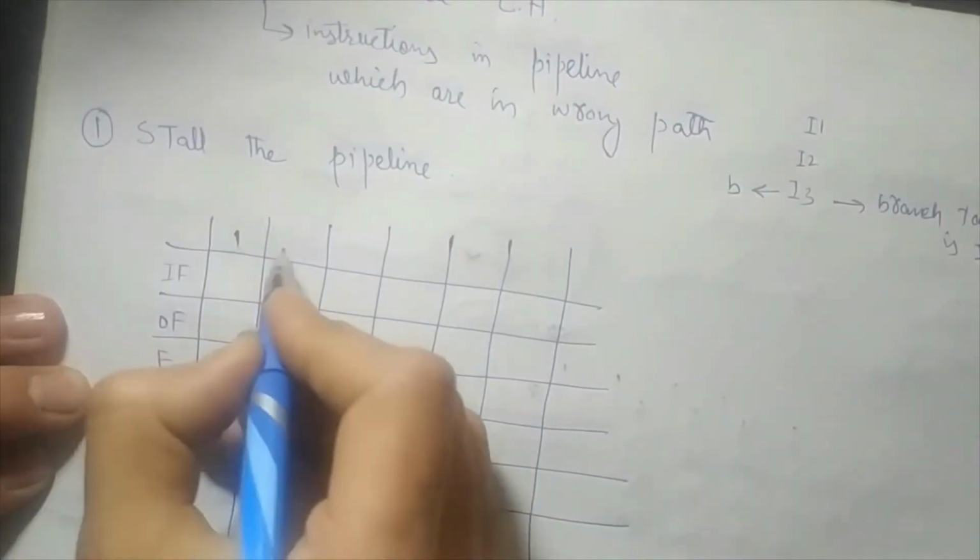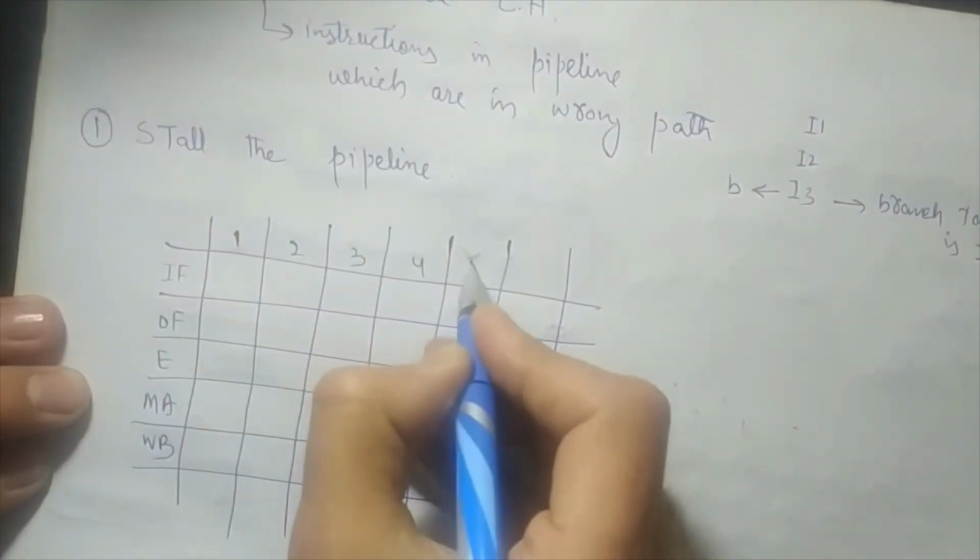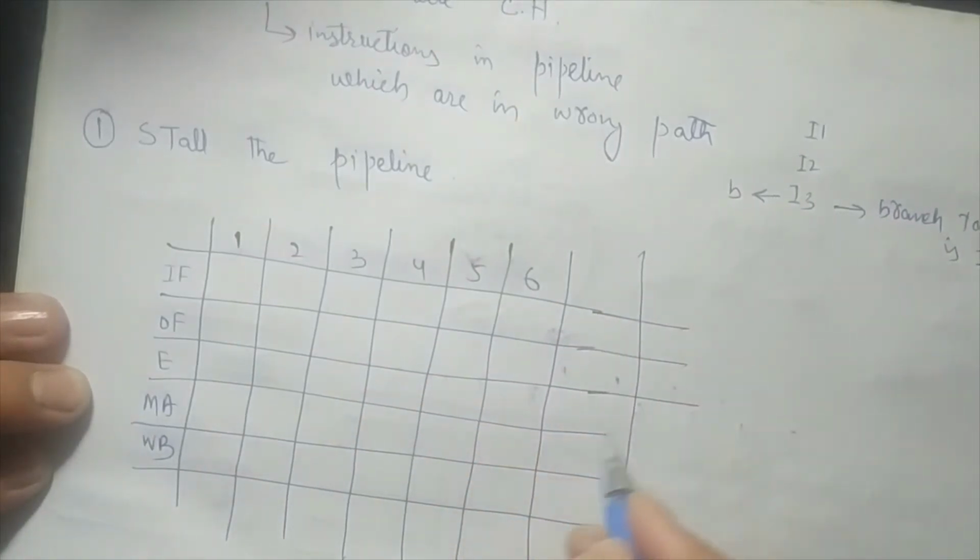These are our cycles 1, 2, 3, 4, 5, 6, and let me add some more cycles.